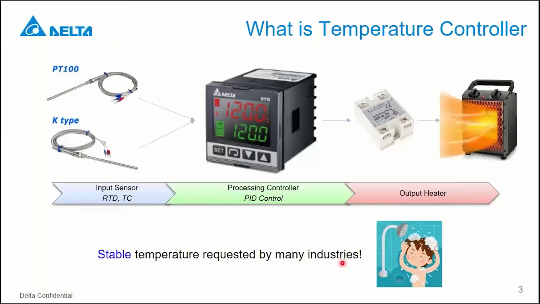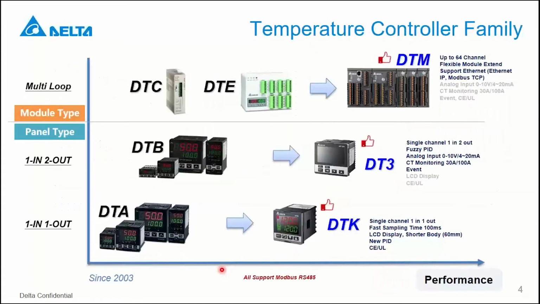For manufacturing industries, stable temperature is a requirement. I think many industries like food and beverage, electronics, and also plastics and rubber have a demand for stable temperature. So this is why we need to know how to do it and what the function is.